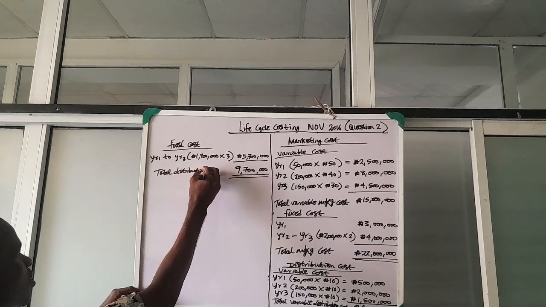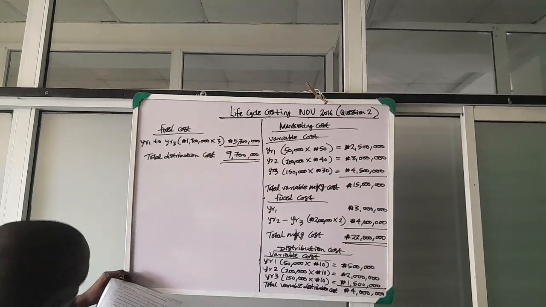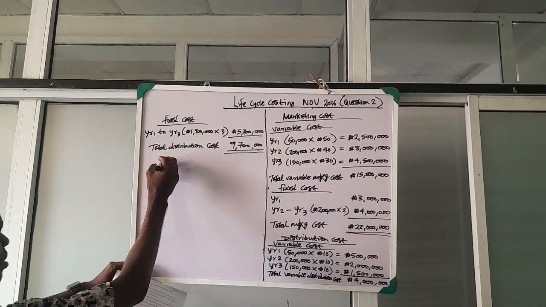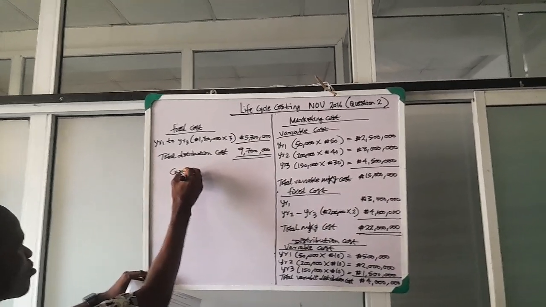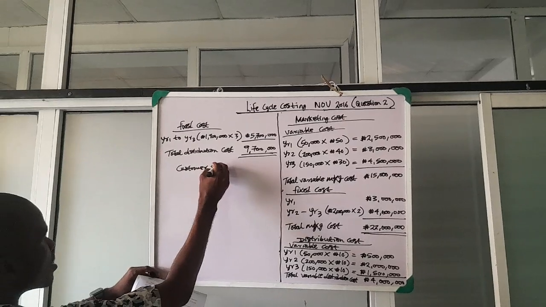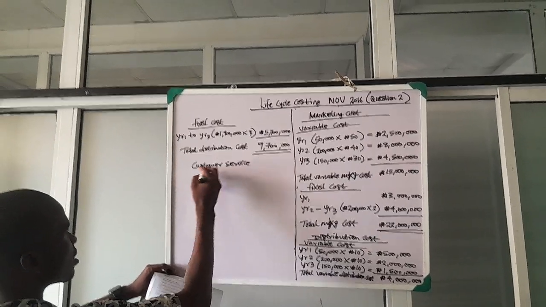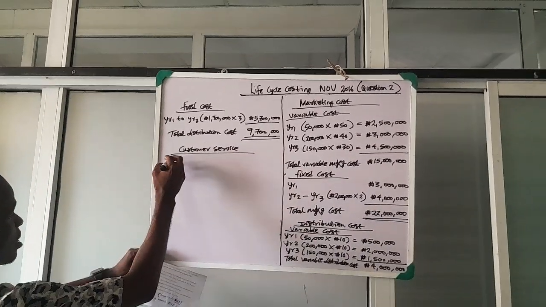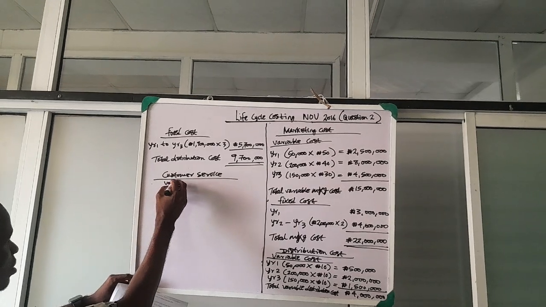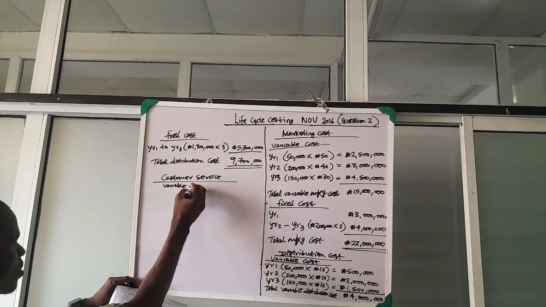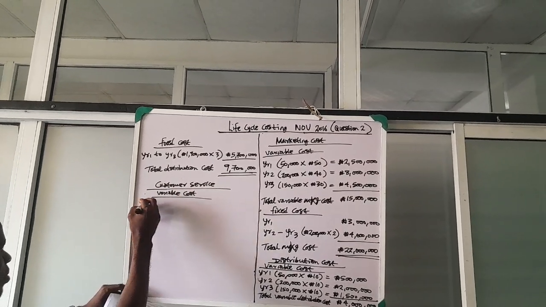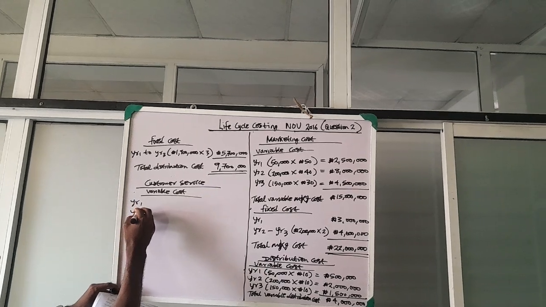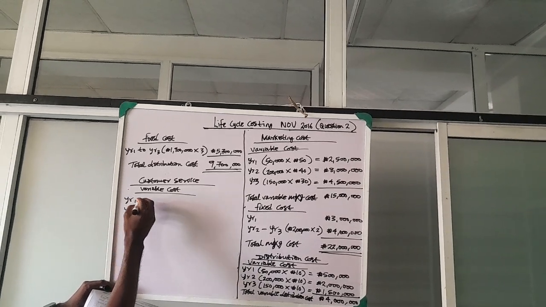We have that of customer service, which is only variable costs. We'll have year 1, year 2, year 3.